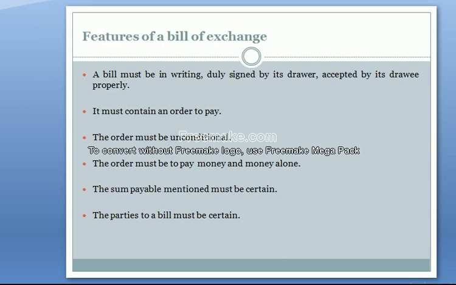So these were the features of the bill of exchange.